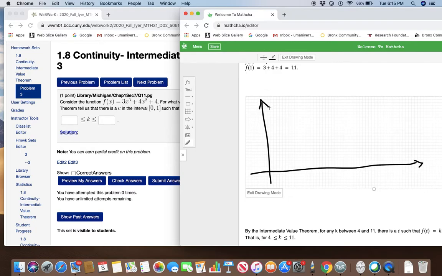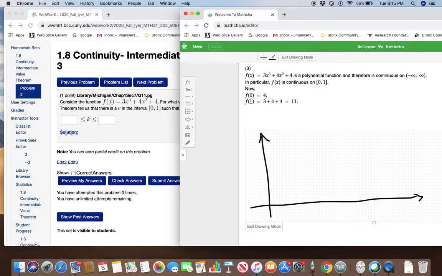We don't know how our graph looks, but what do we know? At 0, height is 4, and at 1, somewhere here, height is 11. So this point and this point.